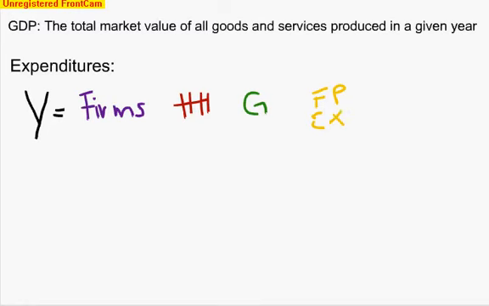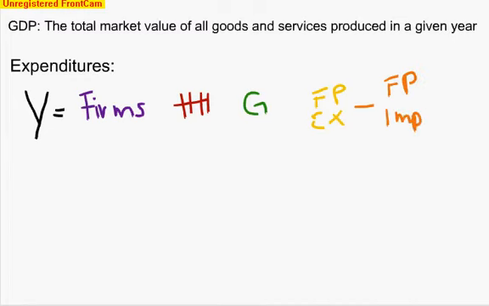Now, when we take a look at this, we also have to keep in mind that there might be people, such as firms, households, or the government, that are spending money on things produced outside of our country. So we have to subtract foreign products or imports.